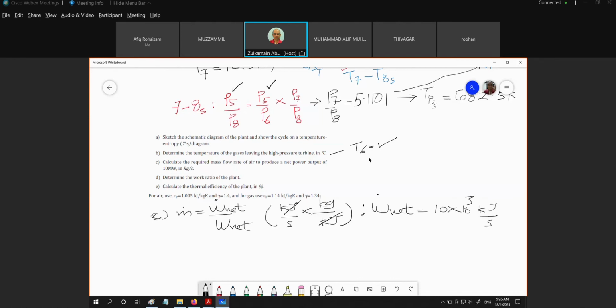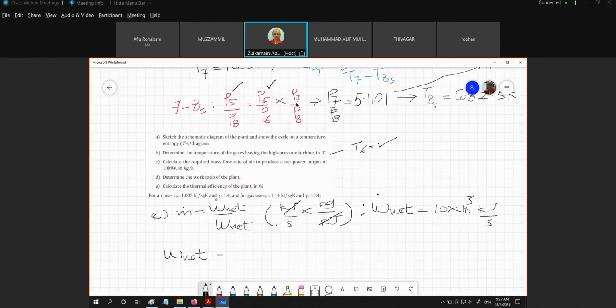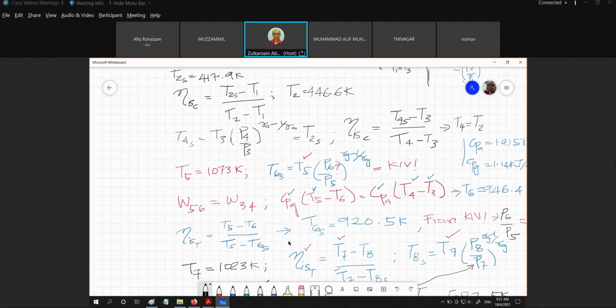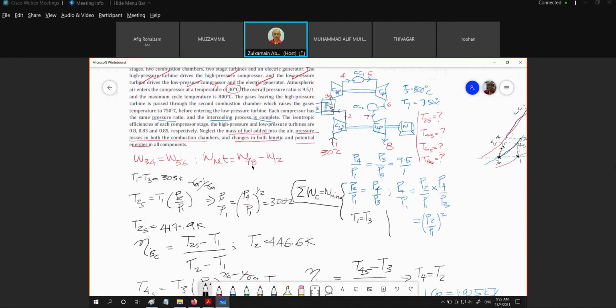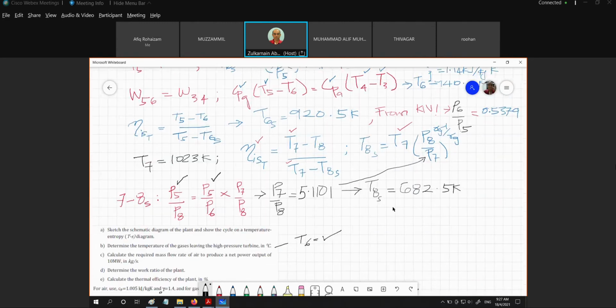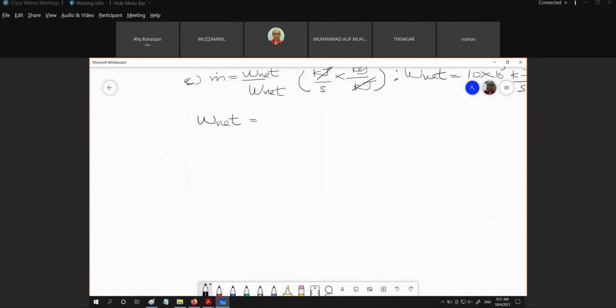So we need to get the W net. What is the W net? As we look at the relationship between the shafts, the second shaft, W net is equal to W78 minus W12. So the W net is equal to the W for our second shaft, low pressure, 78, minus the W for 1, 2.